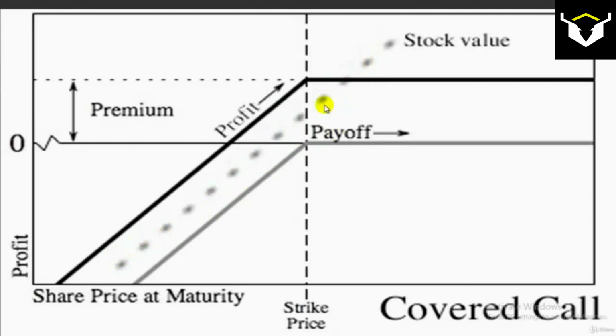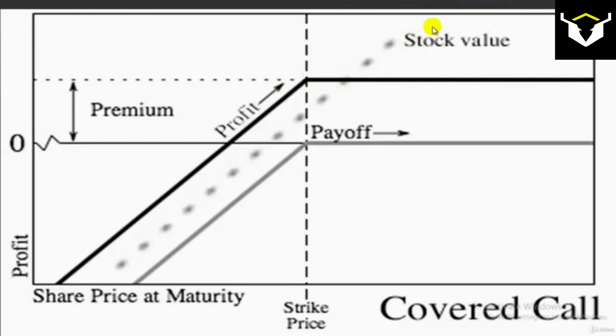Now if the stock value was to stay in this range from this point till here, you will make profit from your sold or covered calls. If the stock price was to trade beyond this premium value, then your profit gets blocked out. You can see the black line here. Your profit gets blocked out and you will make no profit, no loss if the stock price was to explode to the upside.